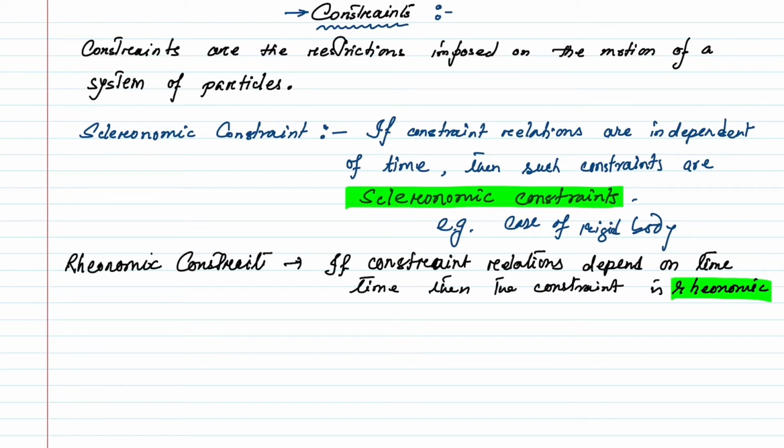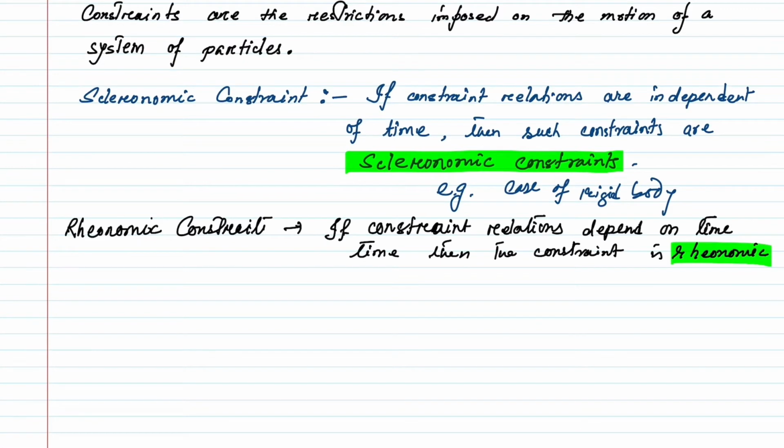Let me take an example here, the pendulum of variable length. Suppose this is a rod and another rod is joined here, so they are not fixed as a straight line, they can change their position like this.